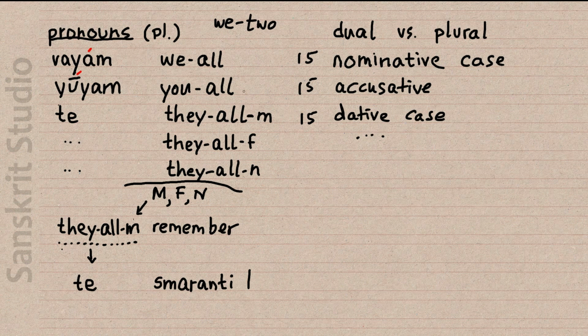So this is the scheme then. So it's not just they, and it's not just they all, but it's they all M, or they all F, or they all N. And this may seem a little clumsy, but still the idea here is that when I write the exercises, it should now be clear from the student's point of view that I want, in the Sanskrit, one word representing they all M. So that's one way of explaining this.